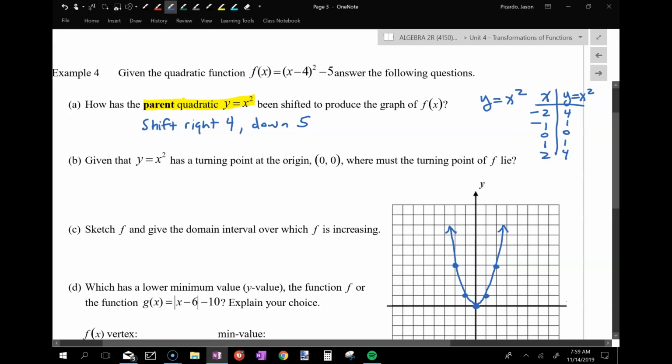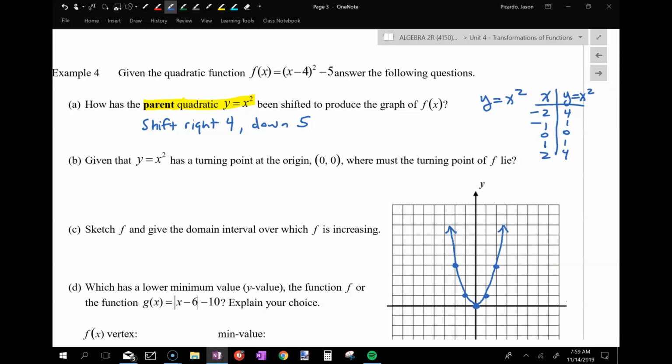Correct? So if I was to take this parabola, let's sketch it, shift it to the right 4 and down 5.